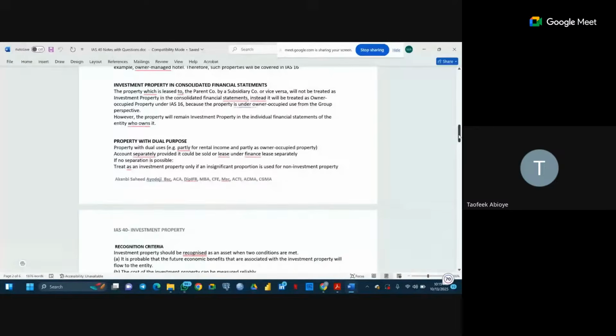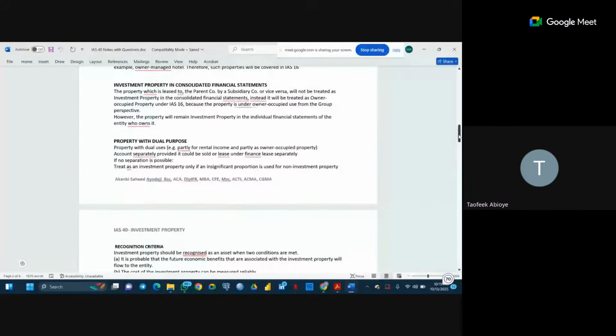But in a situation whereby the portion held for administrative purpose takes over the substantial part of the whole building, up to the stage whereby they can't even separate the part that is being used for rental income again, then the whole building will be recognized as IAS 16.